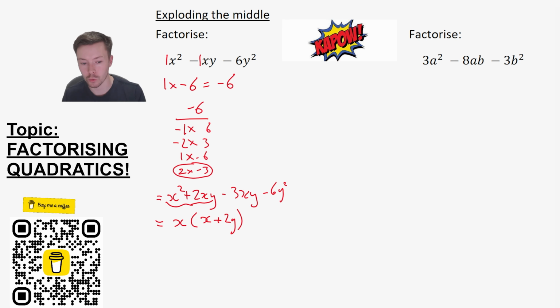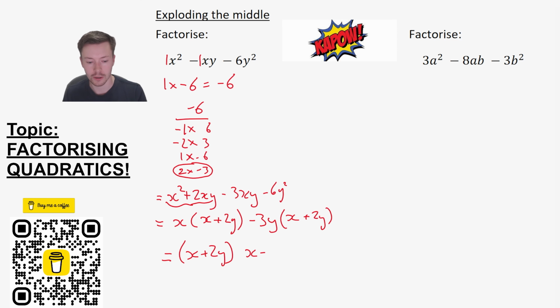That is going to give me x for the first bit, and then plus 2y again, which is exactly what I needed to have. So, again, take this bracket and put that out the front. So x plus 2y, and what are we left with? Well, x outside the first bracket, minus 3y outside the second. So x minus 3y.